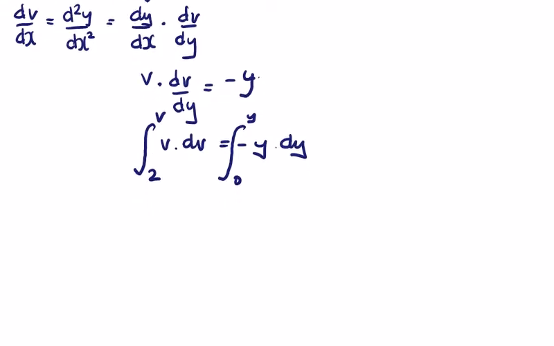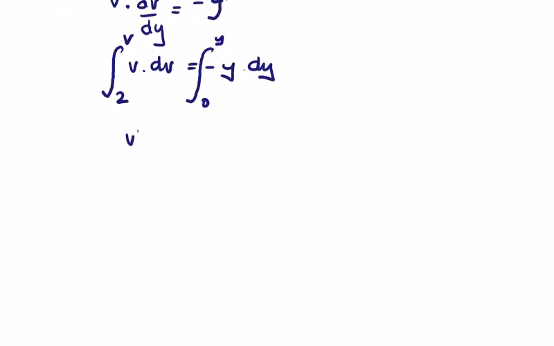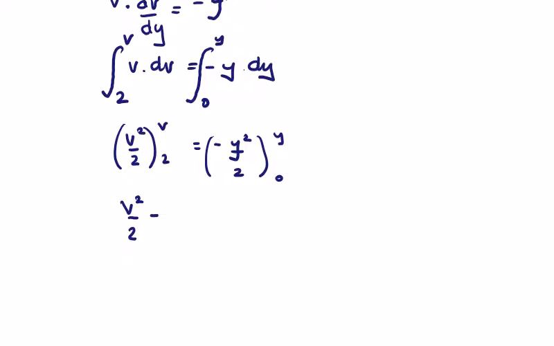So we integrate, and we're going to get v squared over 2 between v and 2 equals minus y squared over 2 between y and 0. So we're going to get v squared over 2, putting v in, minus 4 over 2, which is 2, equals minus y squared over 2, and then it will be minus or plus 0, so it doesn't matter.